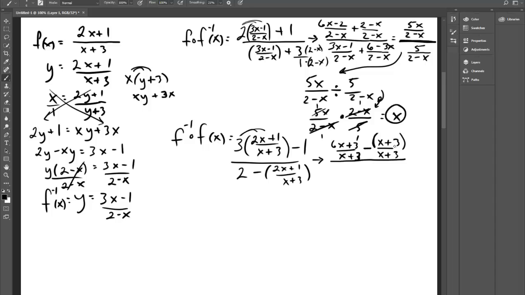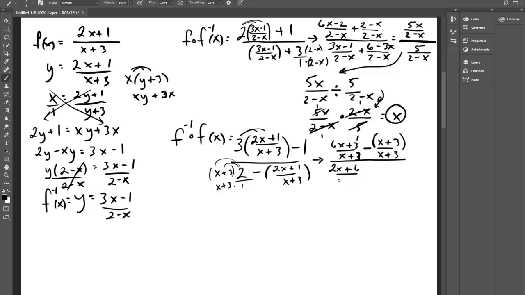When I do that top piece, I'm going to have to change both of these signs, like I'm distributing a negative 1 through it. All right, let's worry about the bottom now. I have a 2, that's 2 over 1. I'm going to have to multiply it by x plus 3 over x plus 3 like that, and I'm going to have to take the 2 and distribute it. So that would be 2x plus 6.